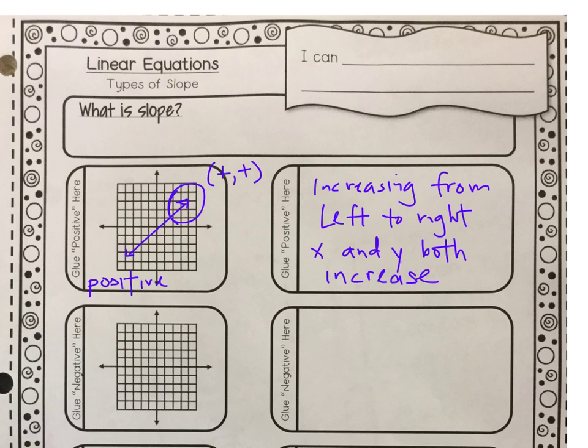And we see that because as my x goes up, my y goes over. X up, y over. That arrow goes that way.